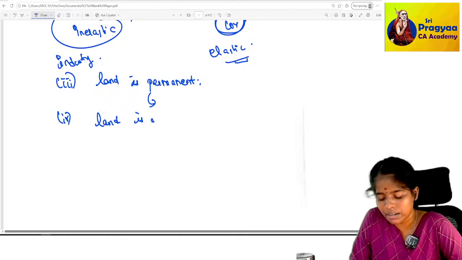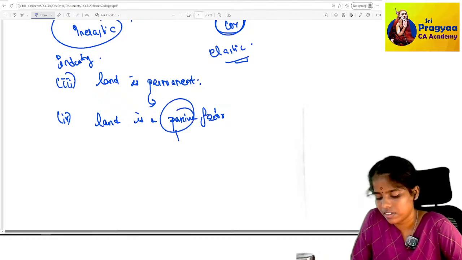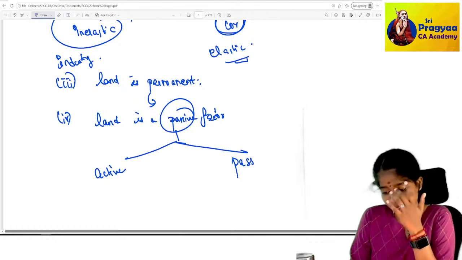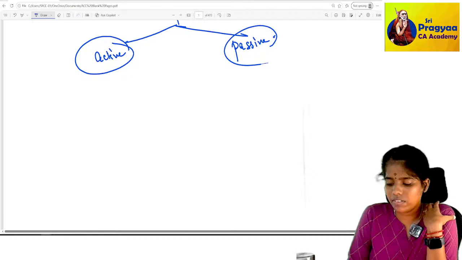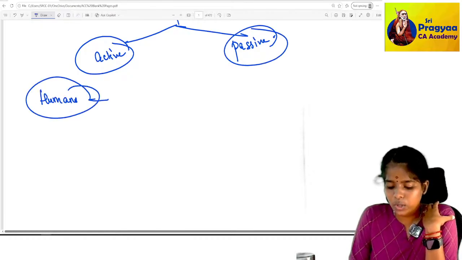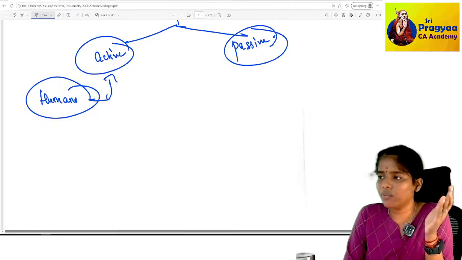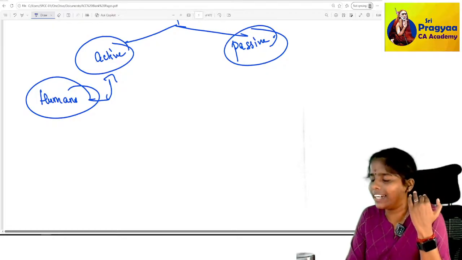Next, land is a passive factor. There are two terms, active, passive. When I take humans, they are active in nature. Active na they can do what they want, they can move around, they can do their own activities, they can think, they can act.